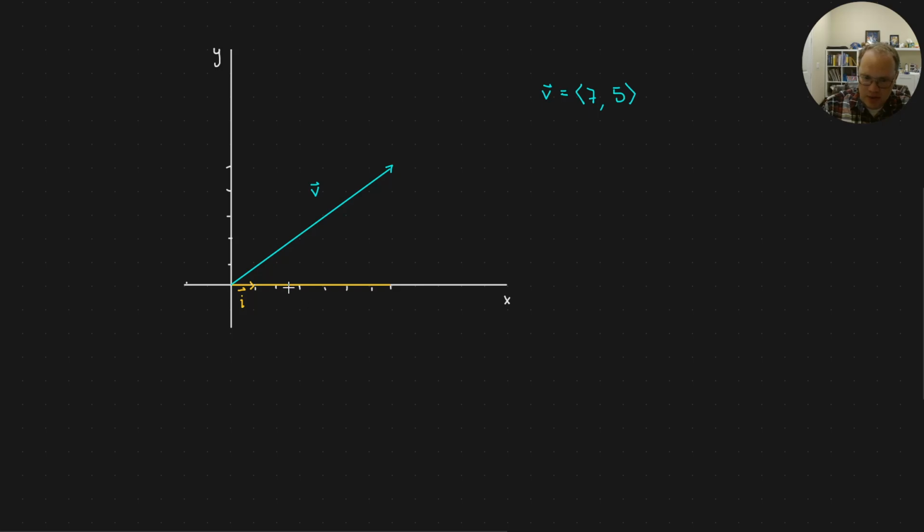In fact, let me give it a different color. i. Okay? And I'm going to combine it with a movement in the vertical direction.